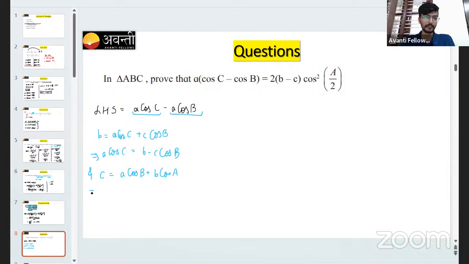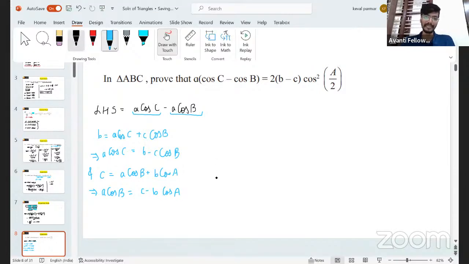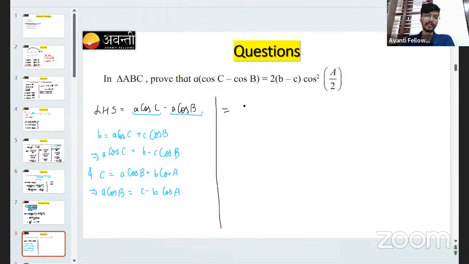A cos B. So from here, A cos B is equal to C minus B cos A. If I substitute these two in the LHS, what I'll get is B minus C cos B minus (C minus B cos A). If I open the minus sign, B minus C cos B minus C plus B cos A.